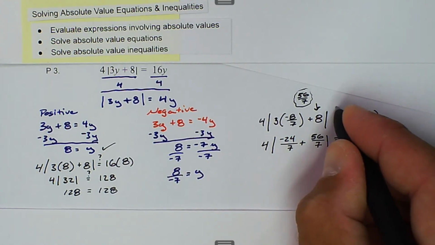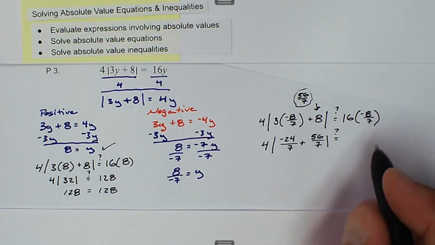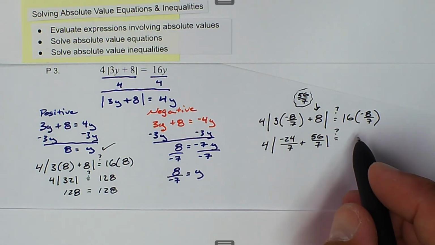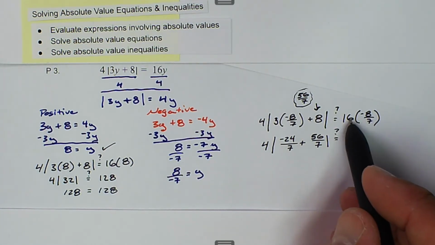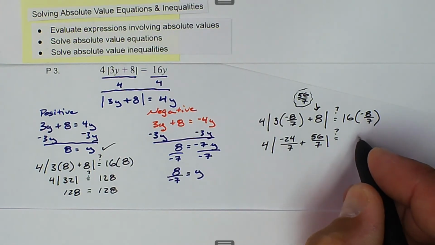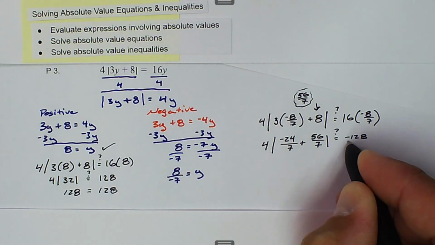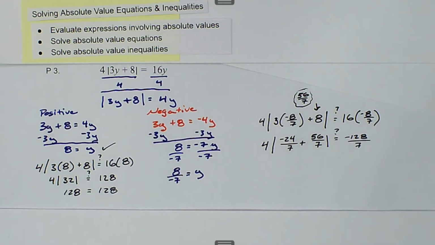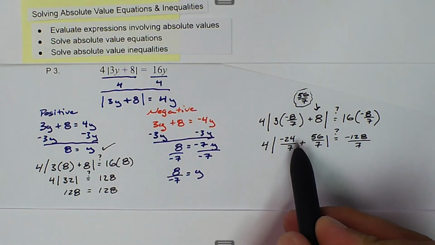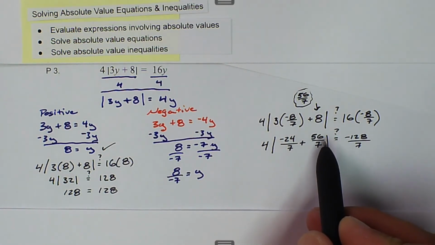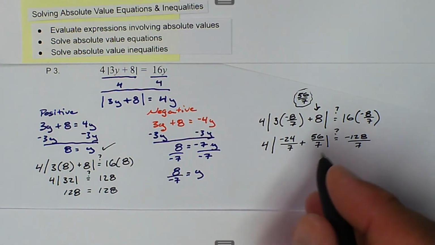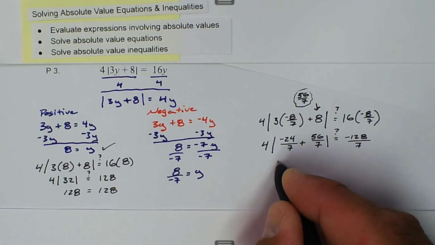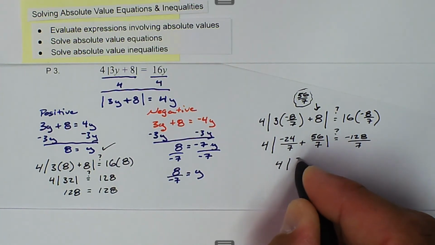And then on the right side, 16 times negative 8, and we get negative 128, and we still have the denominator of 7. Negative 24 plus 56 is positive 32. So 32 positive over 7.